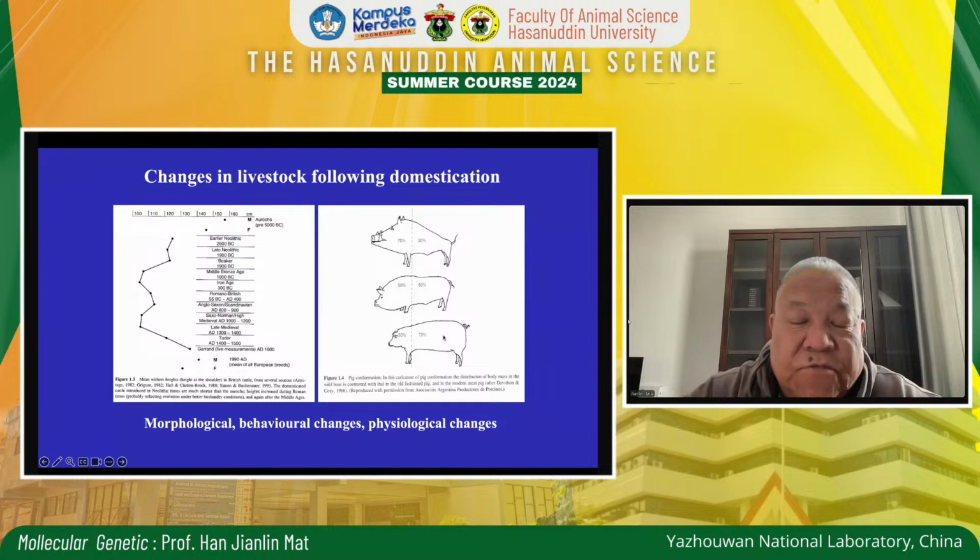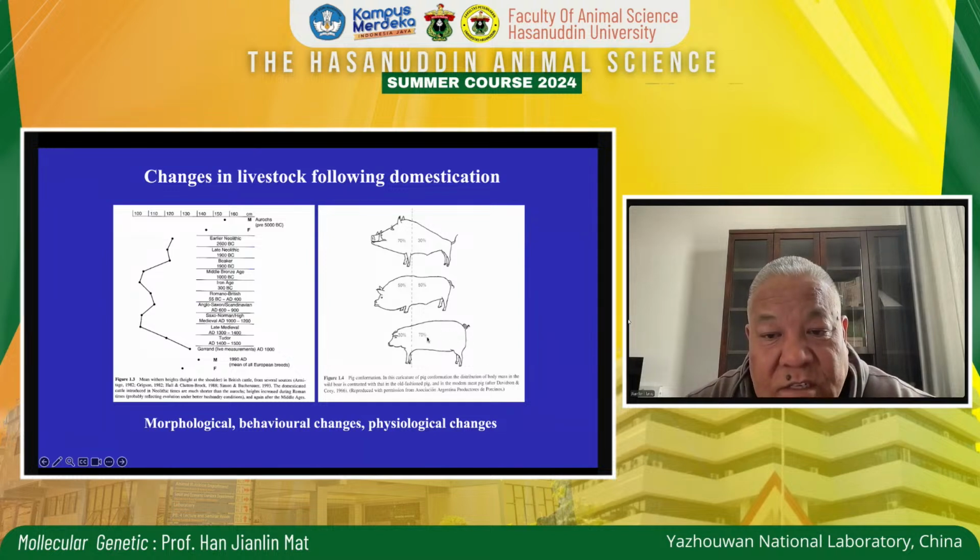But if you go into a commercial system today, the commercial breed, the rear part is taking up 70%, while the front part only has 30% of the body weight, because most of the meat from pigs, and even the same for cattle, most meat is coming from the rear leg, not the front part.